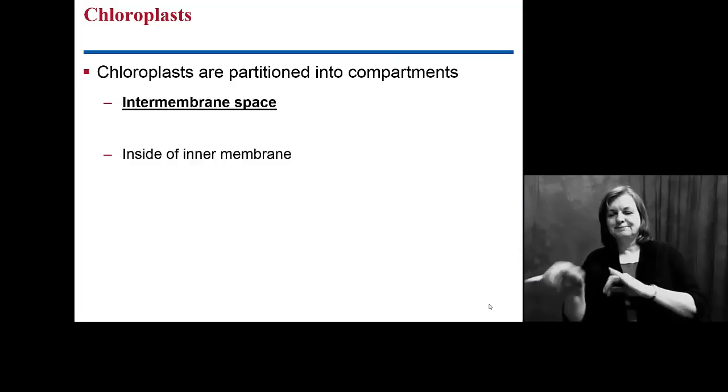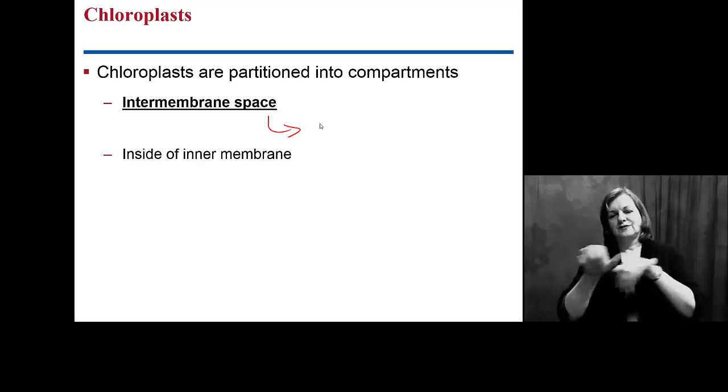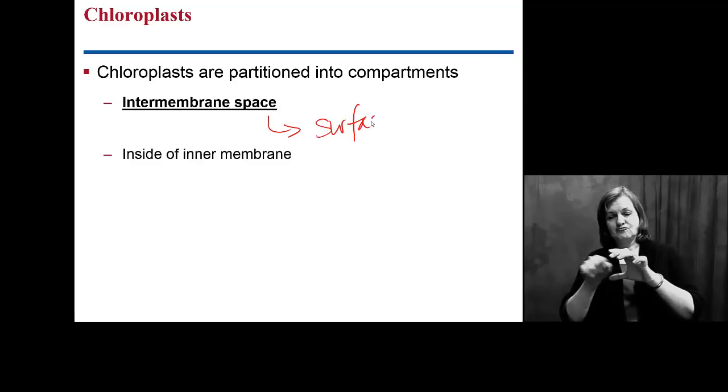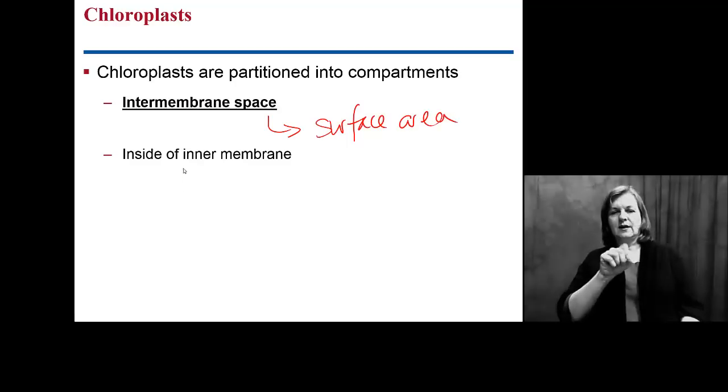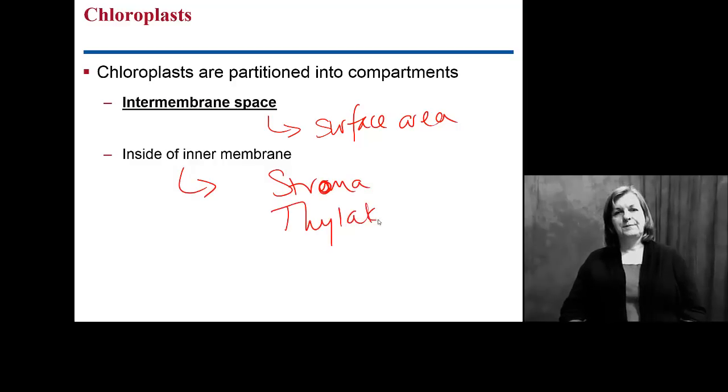So in this intermembrane space, again, it's going to be just like your mitochondria, lots of surface area. Inside, what we're going to find are some interesting things known as a stroma, a thylakoid, and a granum.